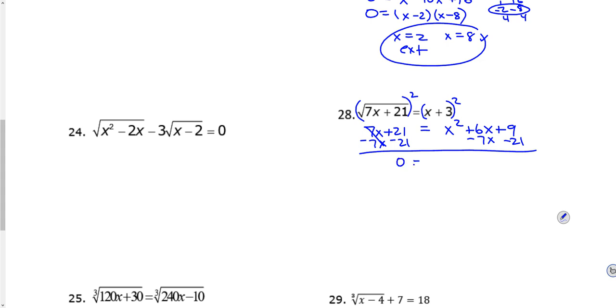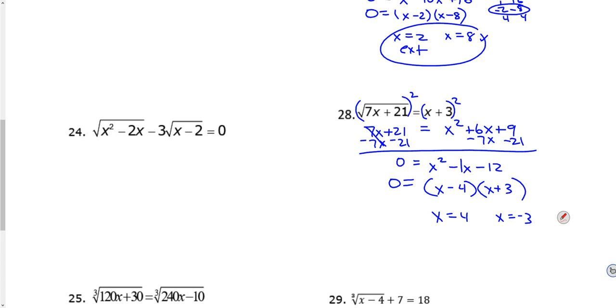So 0 equals x squared minus x minus 12. It's another simple ABC. Two numbers that multiply to negative 12 but give me negative 1 would be negative 4 and plus 3. So that means x equals 4 and x equals negative 3 are the possible solutions.